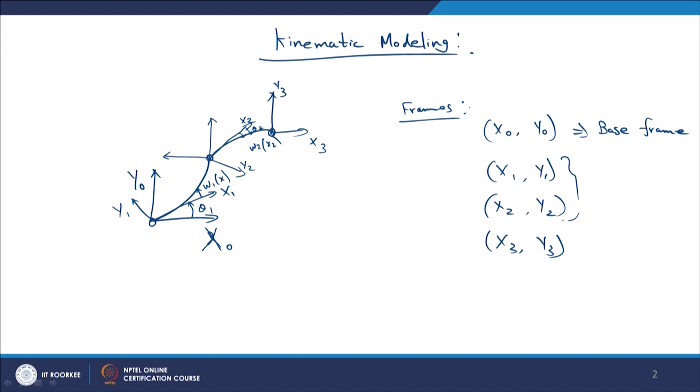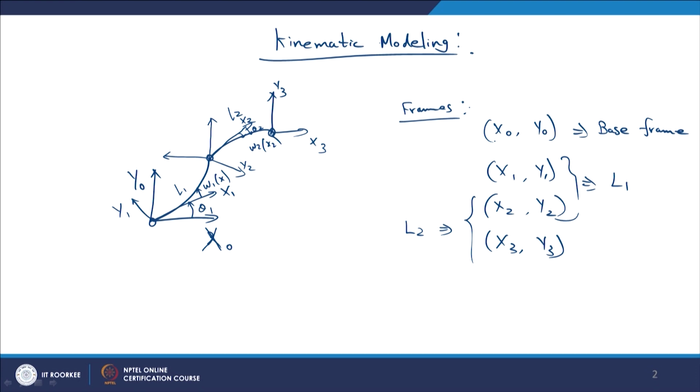So, if you see x1, y1 are connecting the link L1, and then we see x2, y2 and x3, y3 are the frames which are connecting link L2. As you can observe from this schematic, this is link L1's flexibility and this is link L2's flexible link. Configuration is shown here.